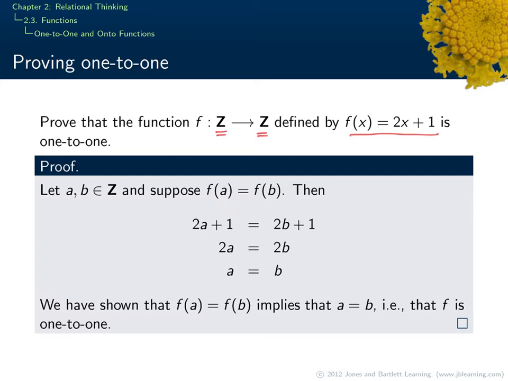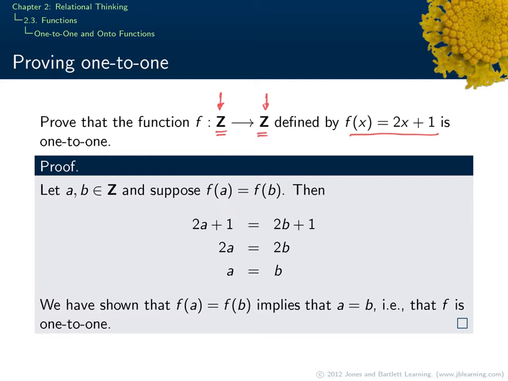Indeed, if we take any given integer, we can multiply that integer by 2 and add 1 to get a single output here that is again an integer. Now, we're not going to get all integers as outputs here. In fact, we can see that the only outputs we're going to get are odd integers.